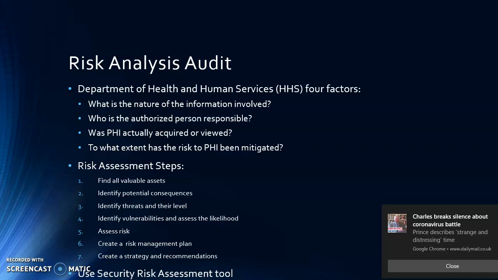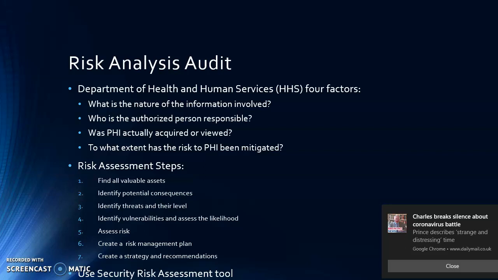Also, the information you gather is where the ePHI flows, like if it's going only to the physician, if it's going to the patient as well, if it's going between different practices, and also how the ePHI flows, if it's going by email, fax, or shared network.